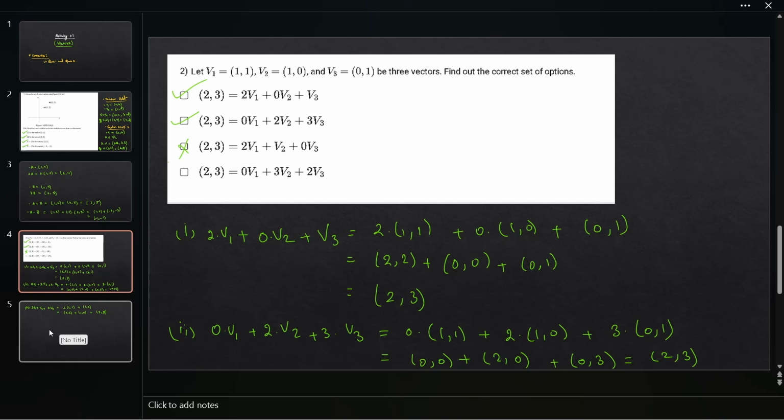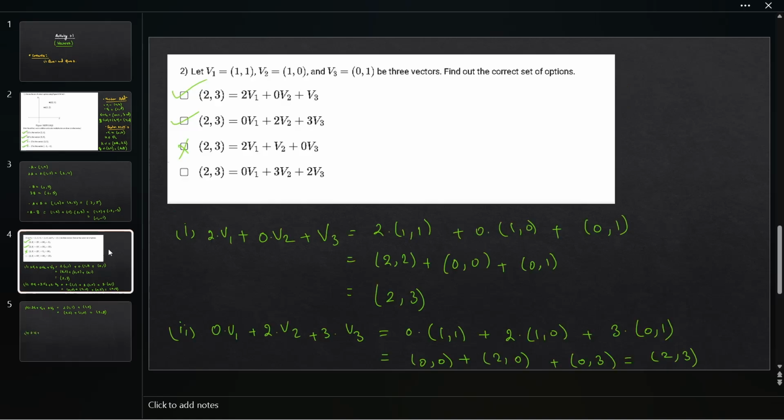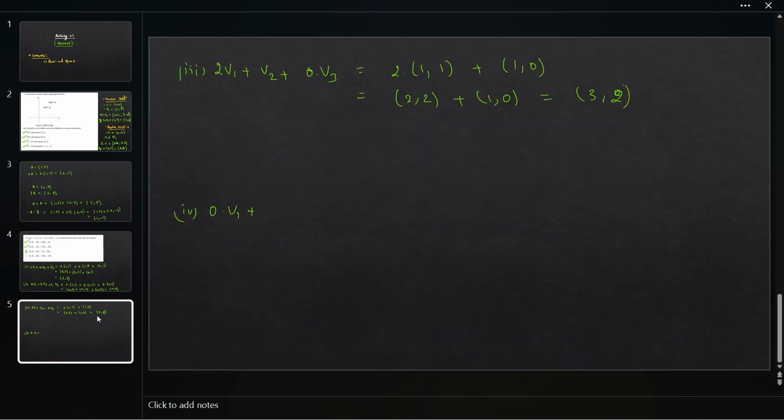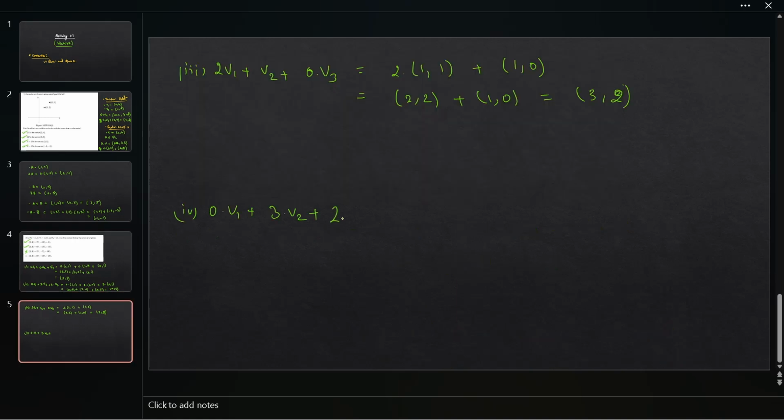And finally, let's analyze option 4, which is 0 times v1 plus 3 times v2 plus 2 times v3. Again, we need not write the first term because that would eventually become 0.